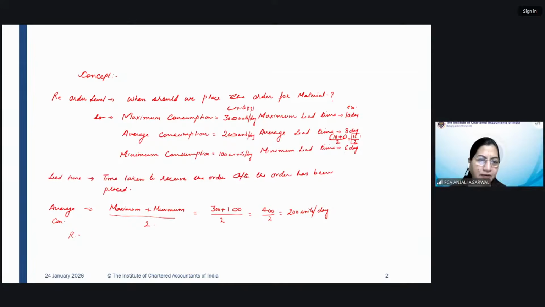So for reorder level, we have to seek a formula which is maximum consumption into maximum lead time. Why are we taking maximum consumption into maximum lead time?